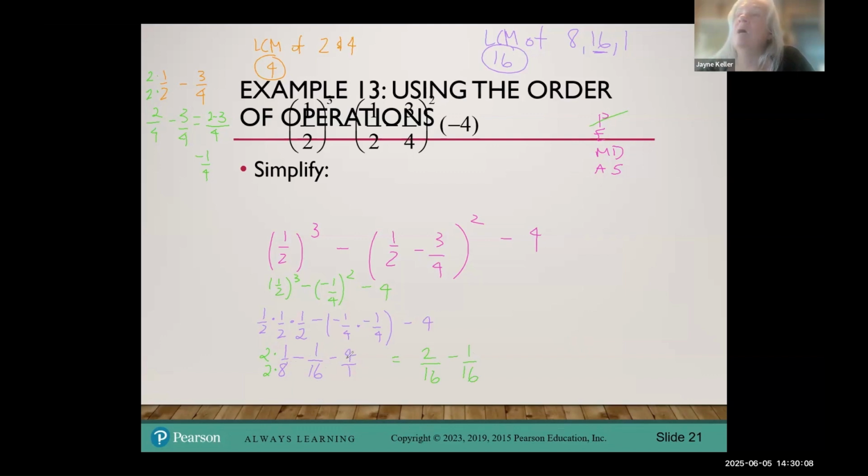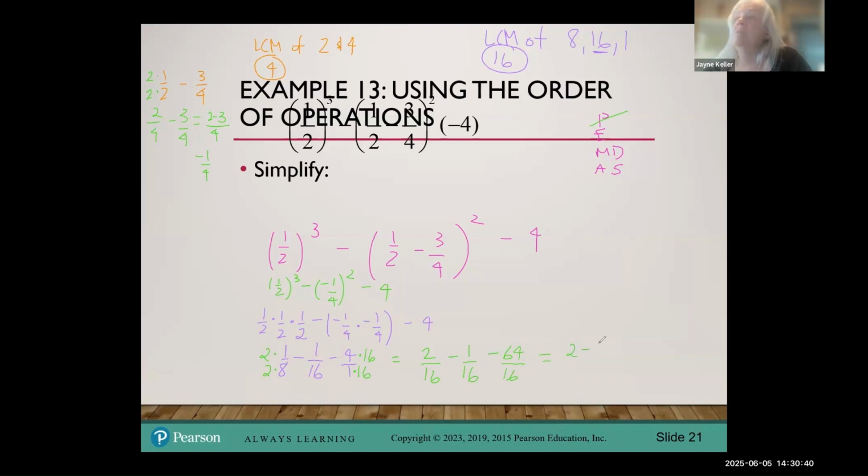And then I have this minus 4. There's a couple ways of looking at this. I could get a common denominator here, and actually, I probably should. So what do I have to multiply 1 by? 16. So that gives me negative 4 times 16, which is 64. Now I'm just going to simplify.